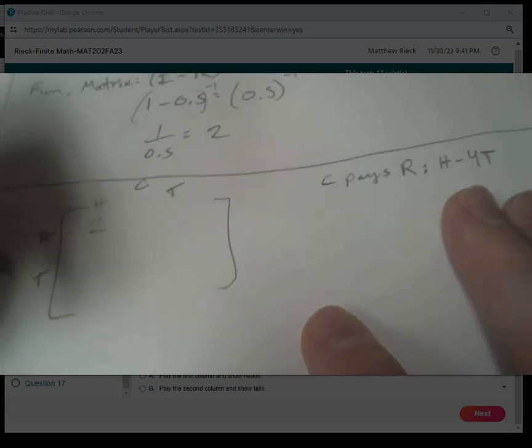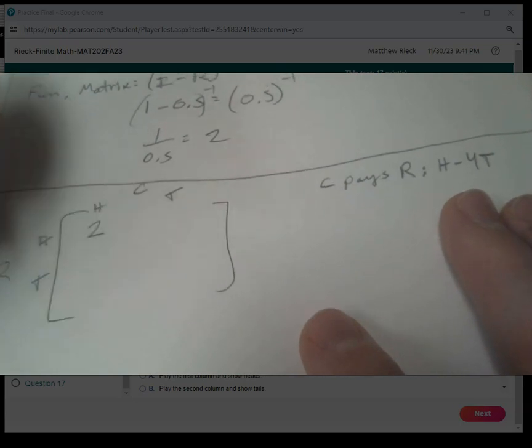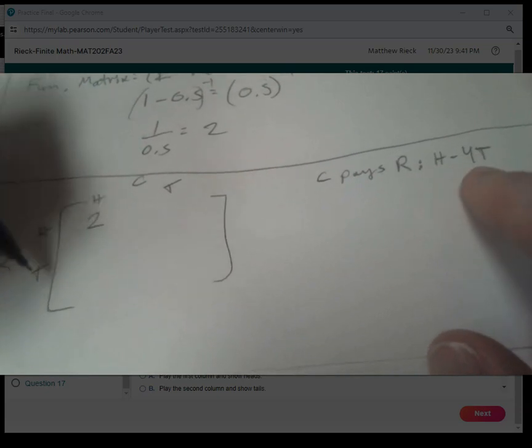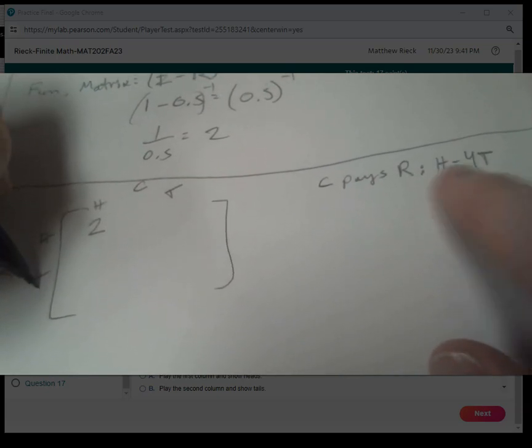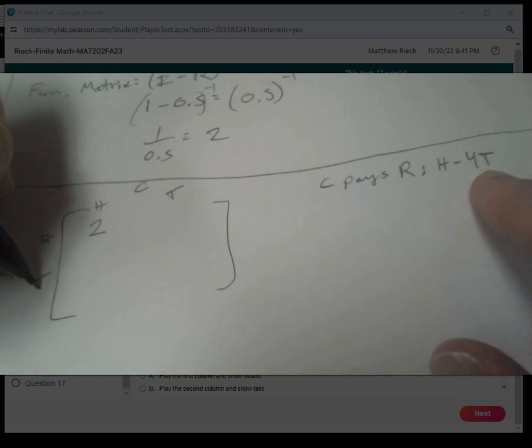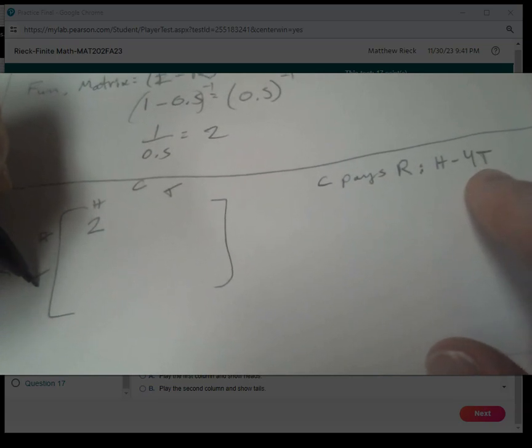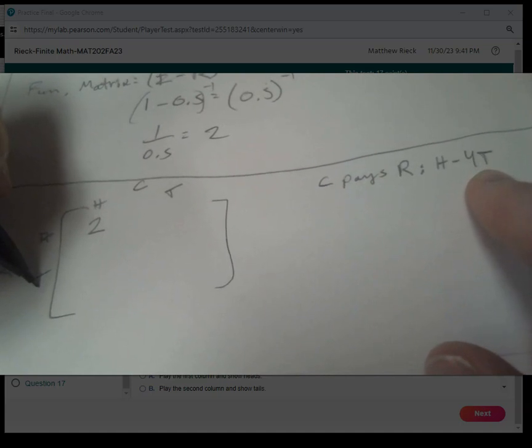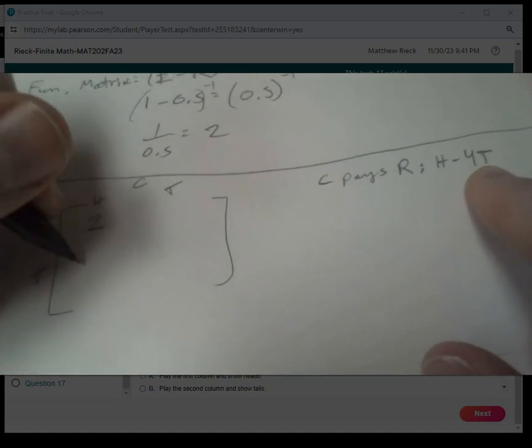If C plays heads and R plays tails, we have 1 head shown and 1 tail shown. So we have 1 minus 4, so C is going to pay R negative $3.